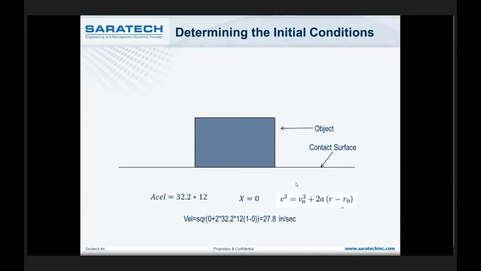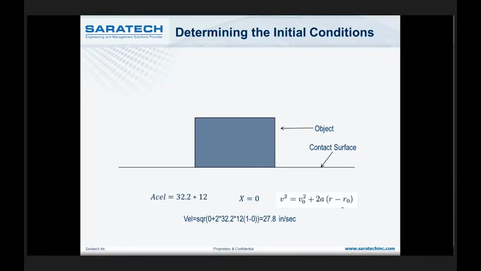So it's 1, and my initial velocity when it was being suspended was 0. So it's really 2 times acceleration times that distance. And here, it's 0 velocity, acceleration, distance is 1, and the velocity at contact will be 27.8 inches per second.